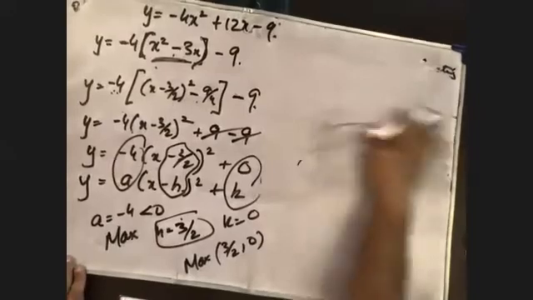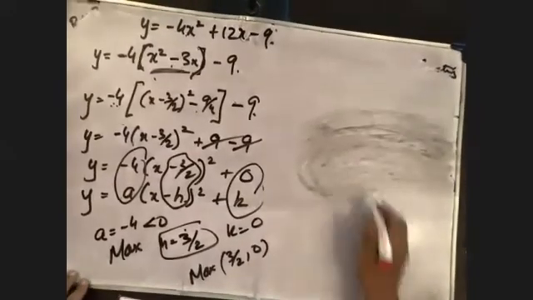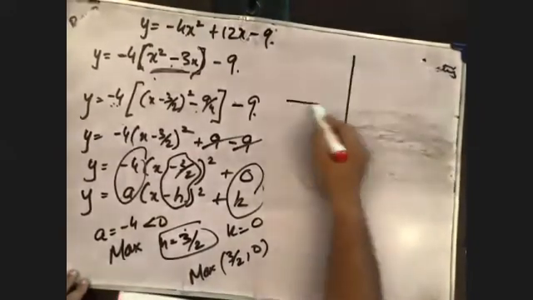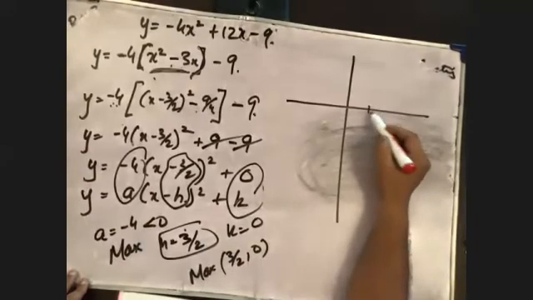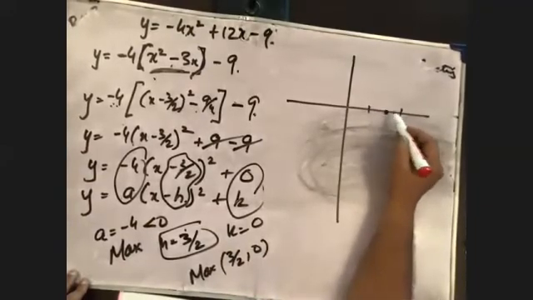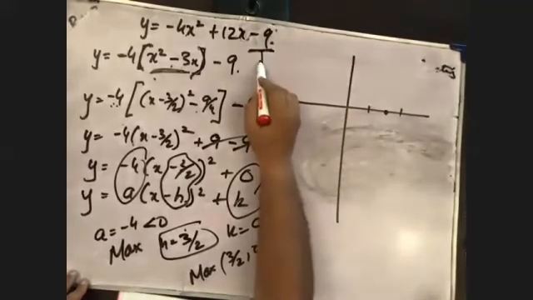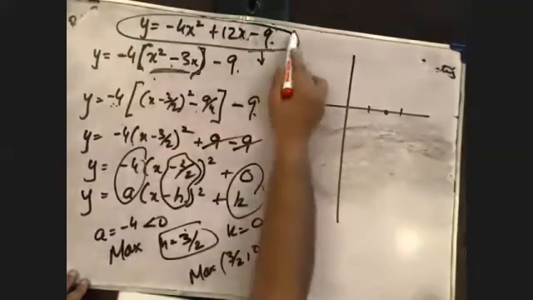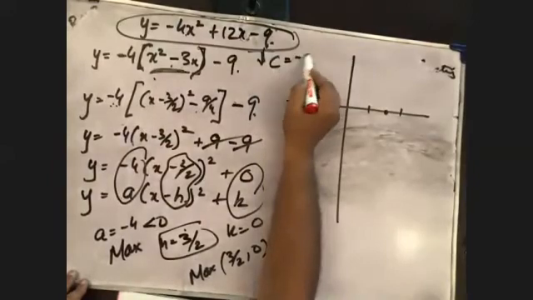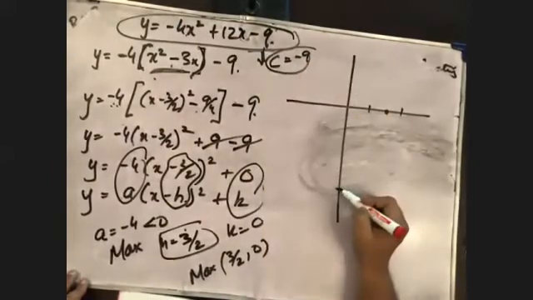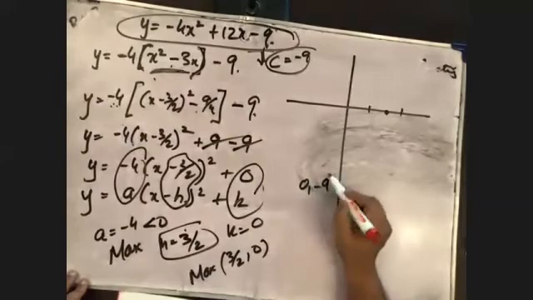When I say it's the maximum point, it means this: 1, 2, 3 over 2. This is the maximum point. And the y-intercept, from the original equation in this format, c is equal to minus 9. It passes through the point 0 comma minus 9.